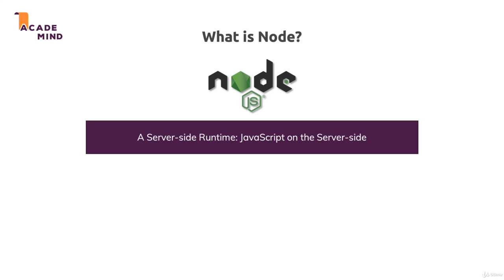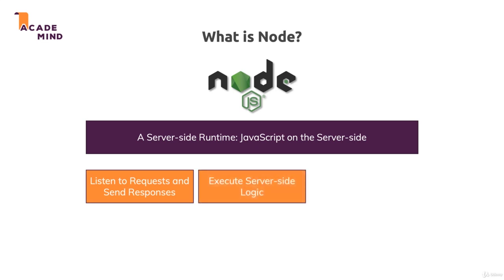So to run it on some machine which is exposed to the internet, which then accepts requests and sends back responses. So we can then use JavaScript as a server-side programming language, as an alternative to PHP, ASP.NET, Java, and so on, basically. With Node.js, we can listen to requests and send back responses. We can execute server-side logic, and we can also interact with databases and with files, things we typically don't do in the browser or we can't do in the browser.